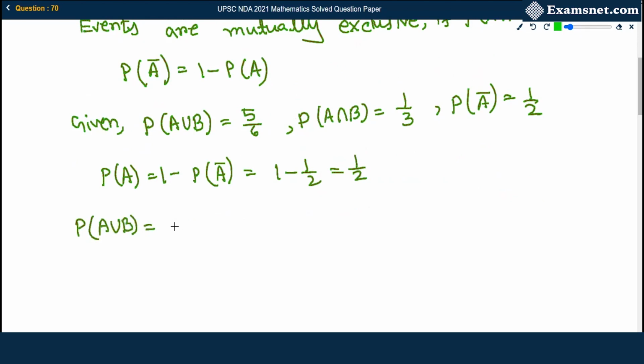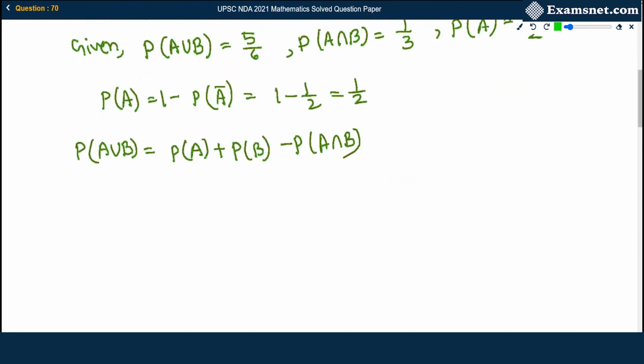Now, using the first formula I wrote here, I can find the value for probability of B. So 5/6 plus half minus 1/3.